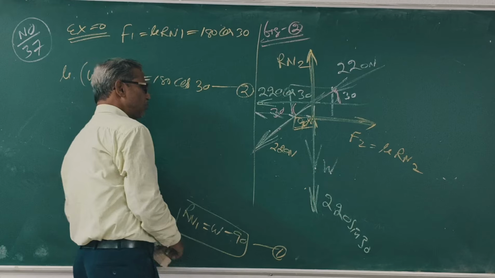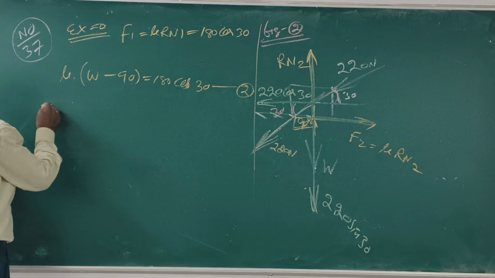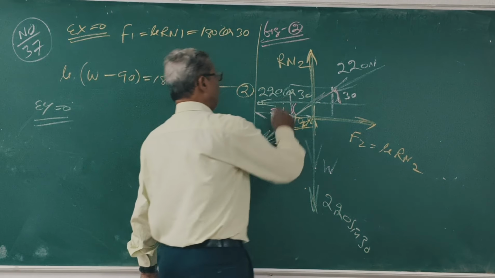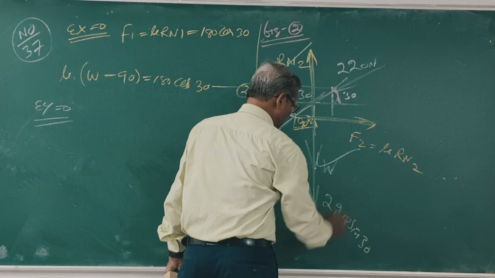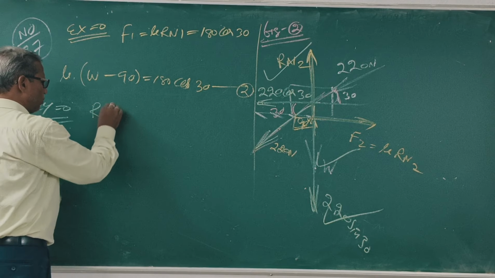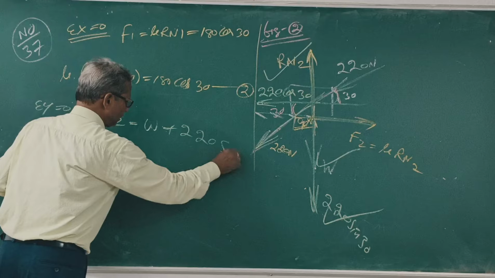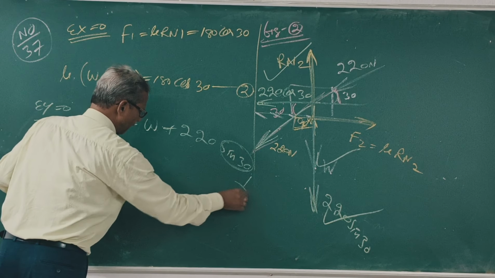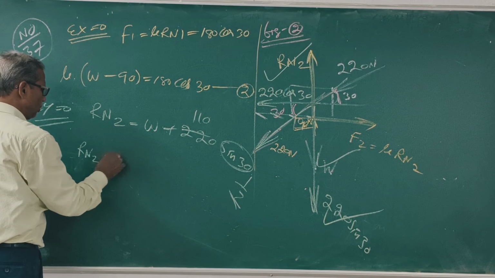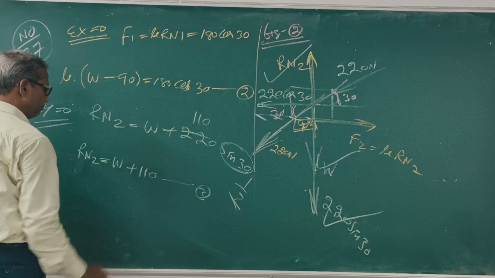Now, sigma y equals 0. Rn2 is equal to W plus 220 sin 30. What is sin 30? Half, so 110. So Rn2 is equal to W plus 110. Equation 3.